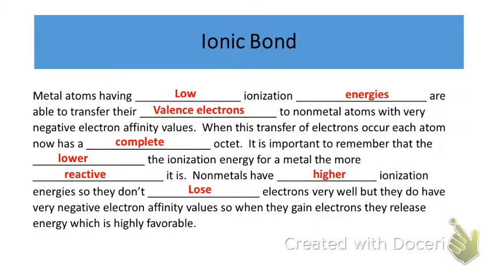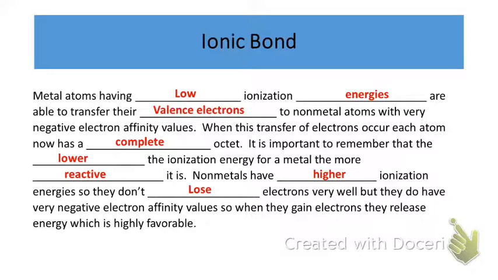All right, so why do metals typically form positive ions? Why are they the ones that lose electrons? Well, we've already discussed this in previous units when we talked about ionization energies.